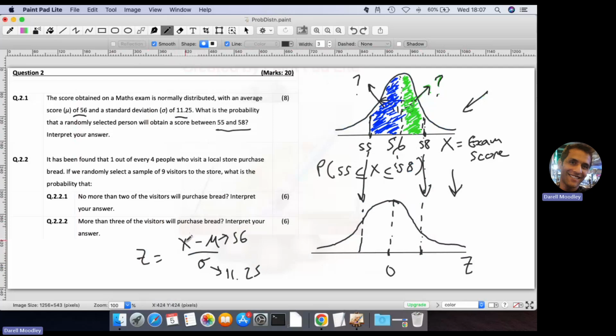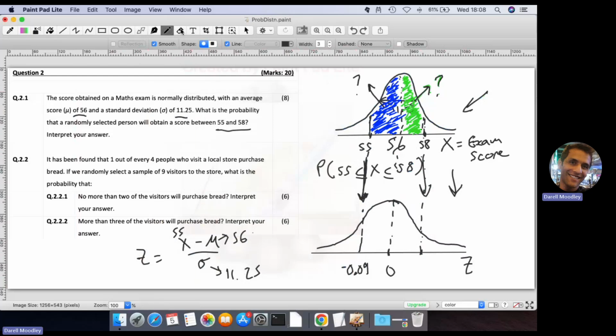Any x value you give it will give you the equivalent z value. For this 55, you plug in 55 for x. So you'll have 55 minus 56 over 11.25, and that will give you a value of minus 0.09.